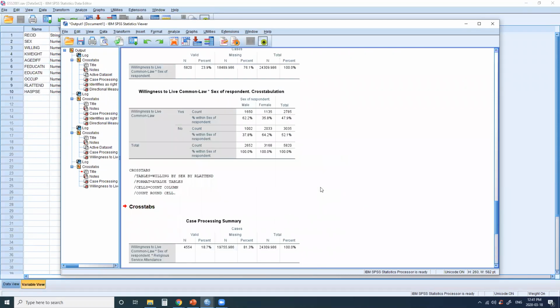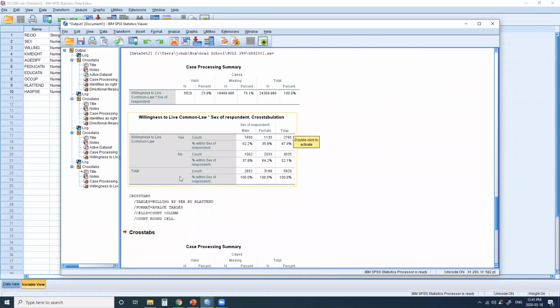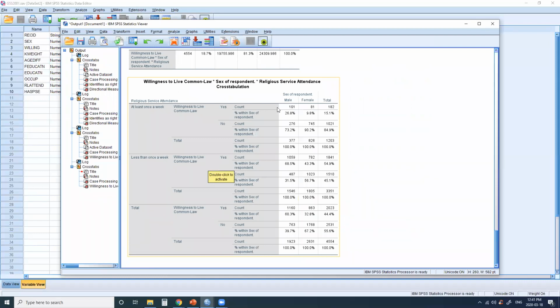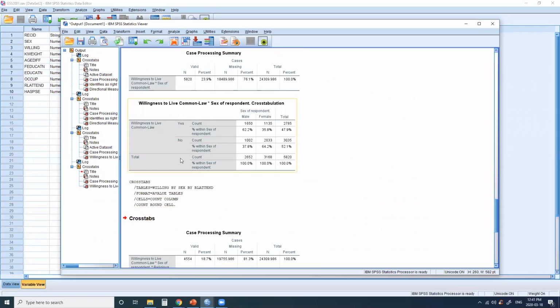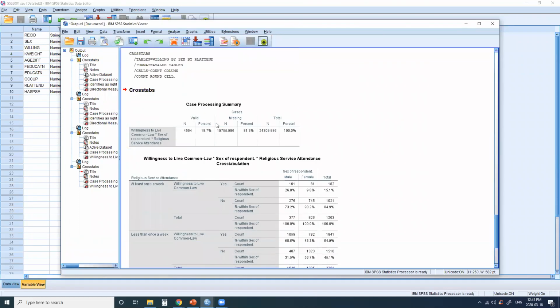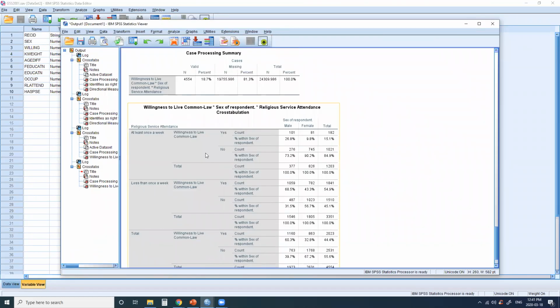And so whereas we had a simple bivariate crosstab before, now we have a series of partial bivariate crosstabs, right? So they're partialed out because this crosstab that we originally ran is for the entire population, whereas here we have a bivariate crosstab for at least once a week of religious service attendance. And then we have the same bivariate crosstab, right?